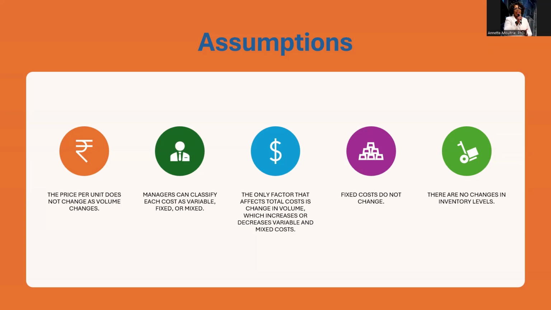Now, the classification of costs: all costs can be categorized as variable, fixed, or even mixed. In the cost behavior and volume assumption, the only factor influencing total cost is changes in volume, which impact variable and mixed costs.